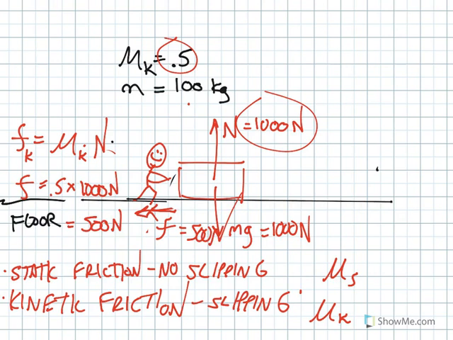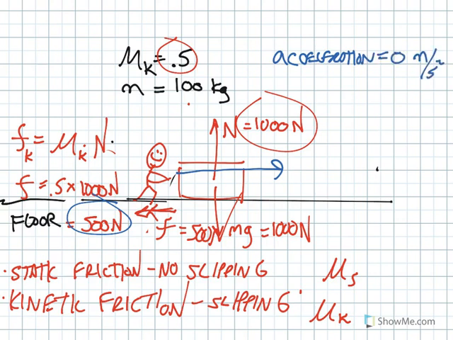So then how much force do you need to apply to get this thing to move with constant speed? It's exactly 500 newtons, right? If it's moving with constant speed, that means that the acceleration is 0. Now, to get it to accelerate initially, the force you're exerting has to be a little bit greater than the frictional force.